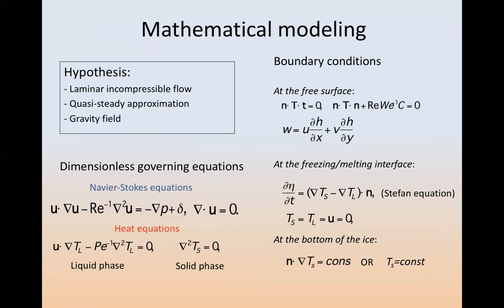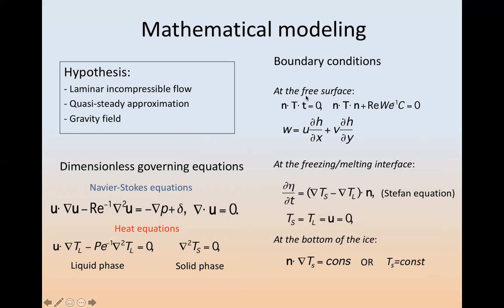That means that we don't have any more time-dependent term in this equation, but just in the evolution equation, that is the Stefan equation, which comes from the difference between the temperature gradients at the freezing-melting interface between the solid and the liquid.